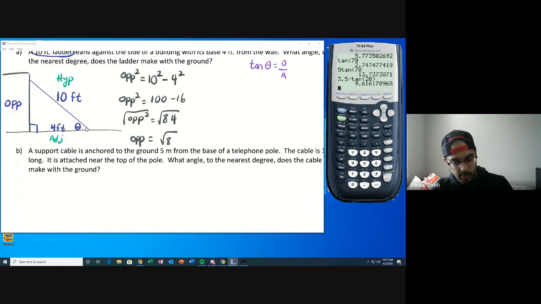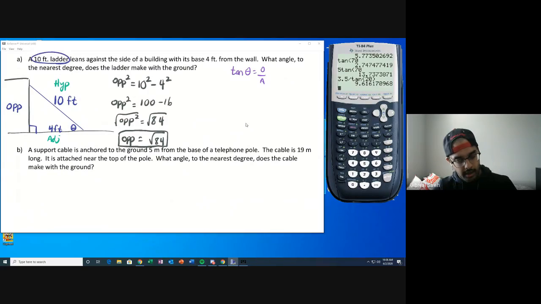We don't want to round at this point because we have to use that value again to do something. So let's leave it as the square root of 84. You would have looked at that a while ago when we did exponents and radicals. So just leave it as that square root of 84. We can use that number in our fraction. That's totally fine.